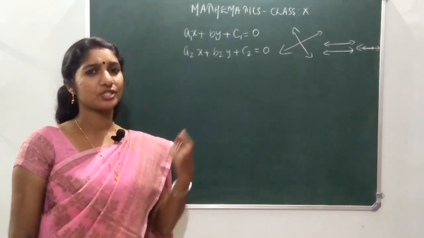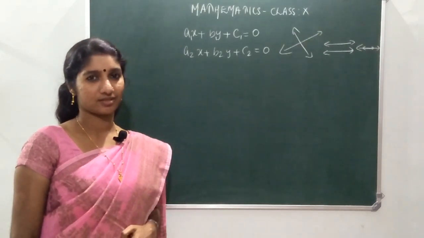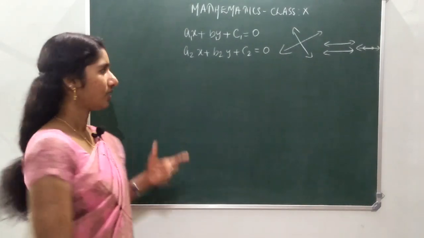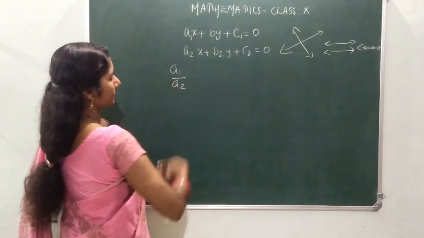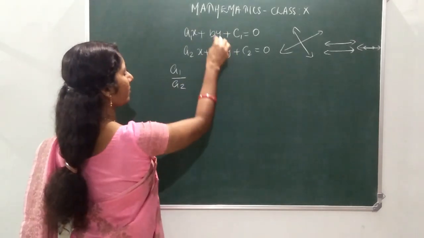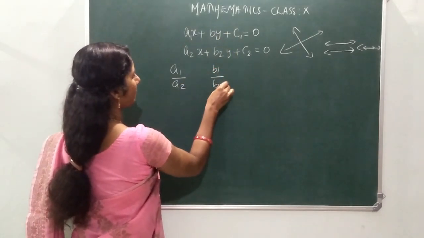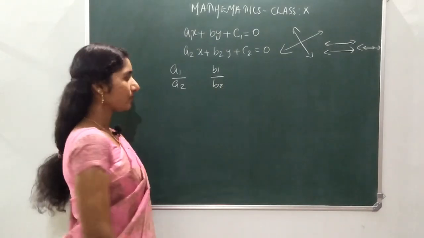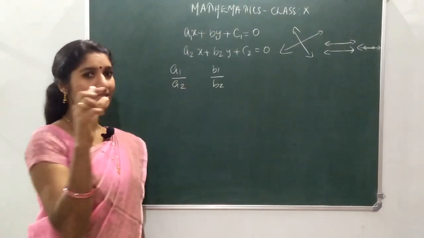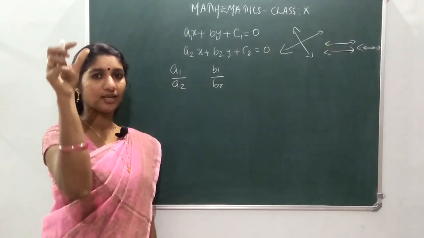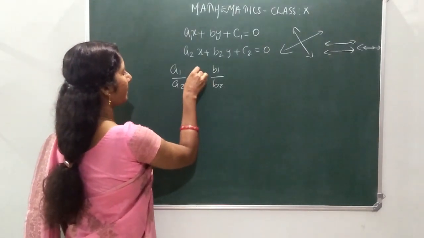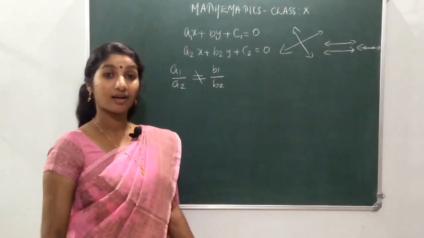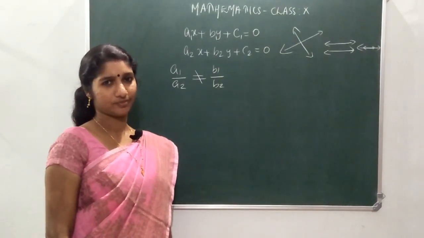We are finding the ratio of the corresponding coefficients, the x coefficients ratio, a1 by a2, and the y coefficients ratio, b1 by b2. When we find the values, they will be some values like 1 by 3, 4 by 2. Sometimes they may not be equal.